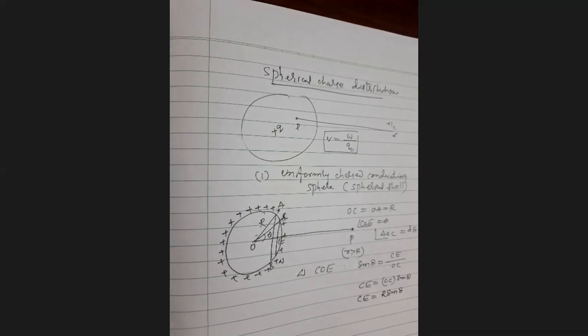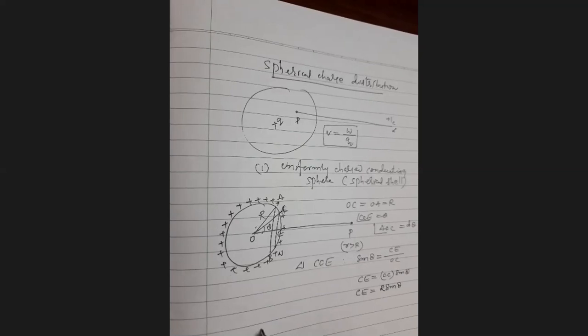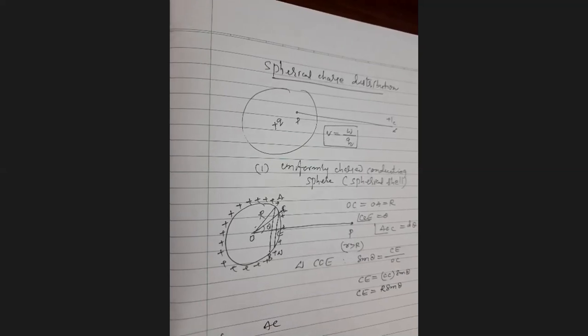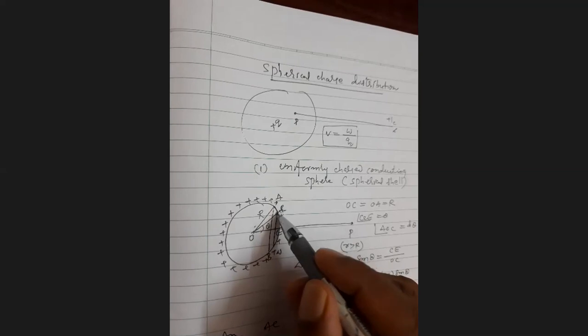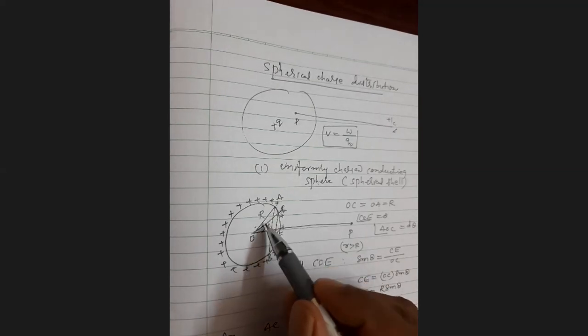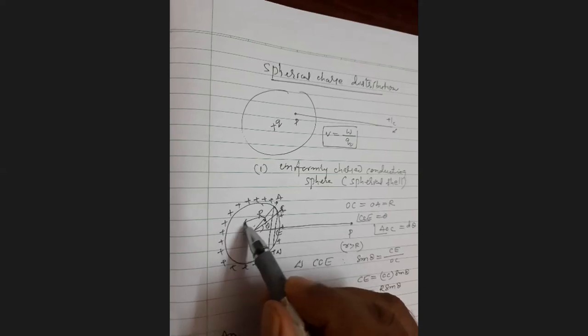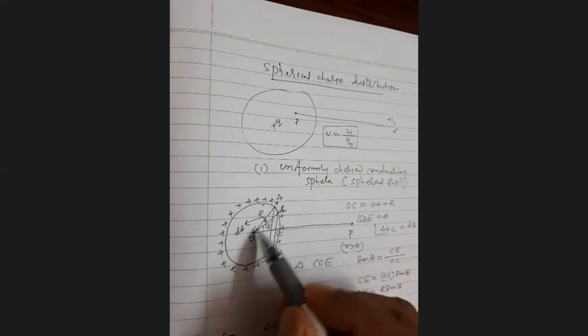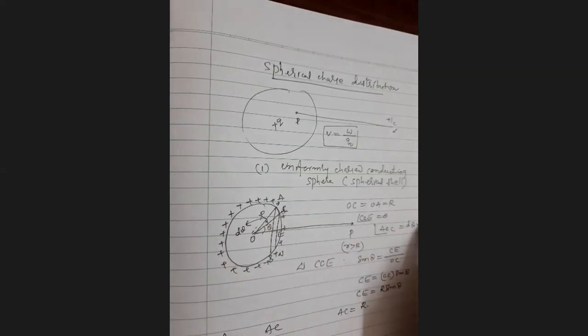Right. Now, for the arc AC, the length of the arc AC is equal to radius into angle subtended by the arc at the center. This angle we have taken as d theta. Hence AC length will be R d theta.